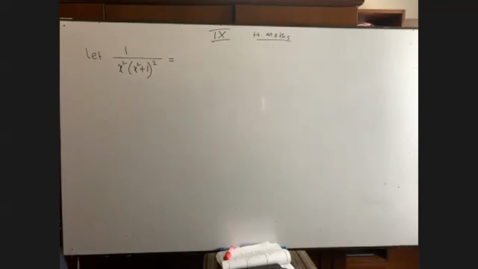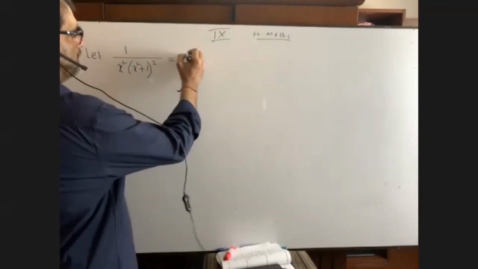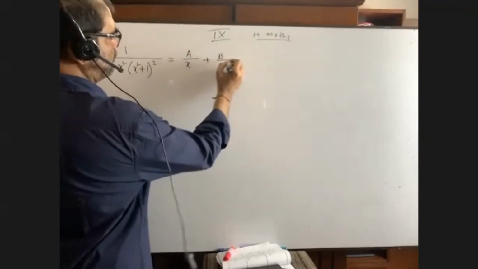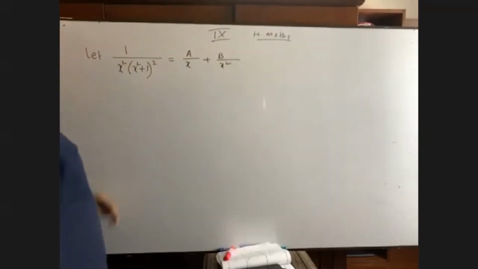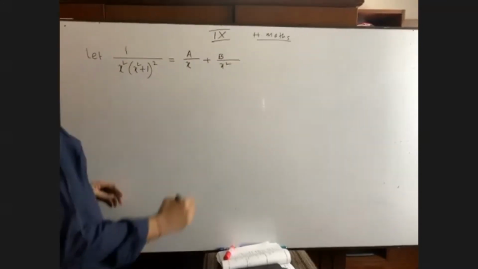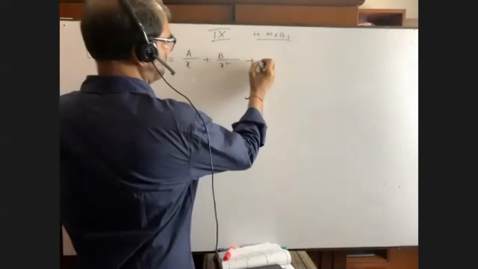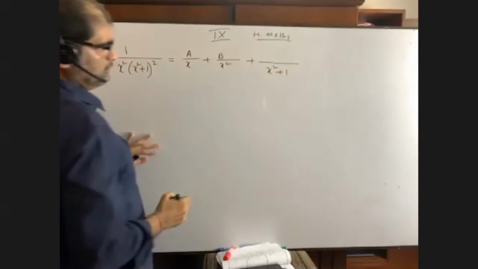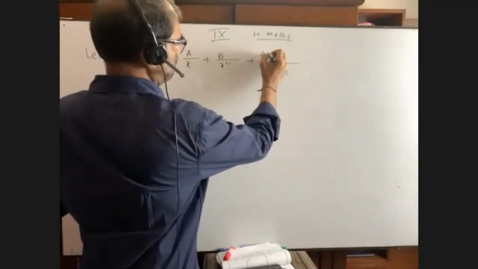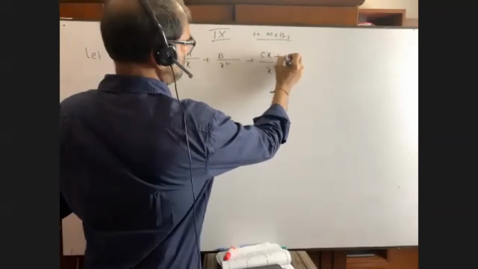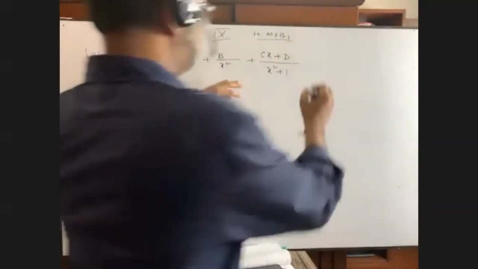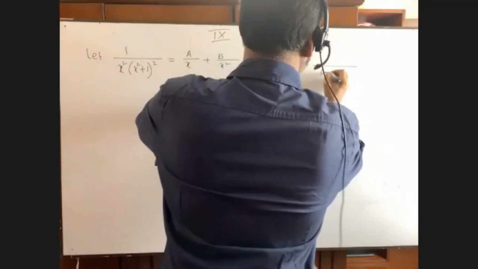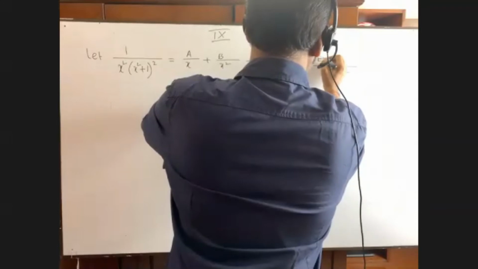So we have to get 6 unknowns: a by x, b by x square, then cx plus d by x square plus 1, then ex plus f by x square plus 1 whole square.